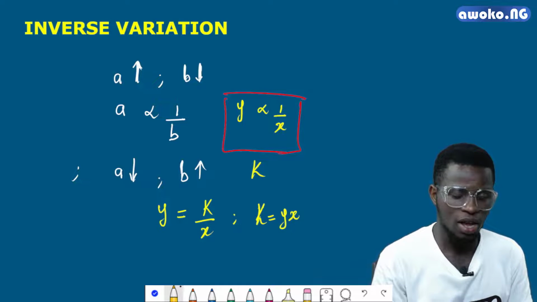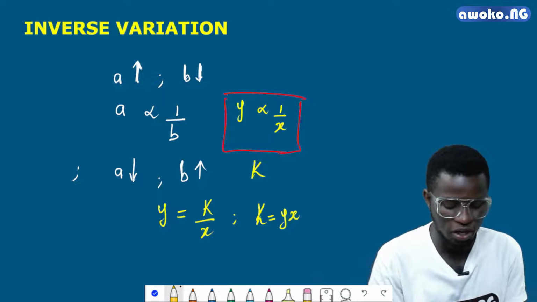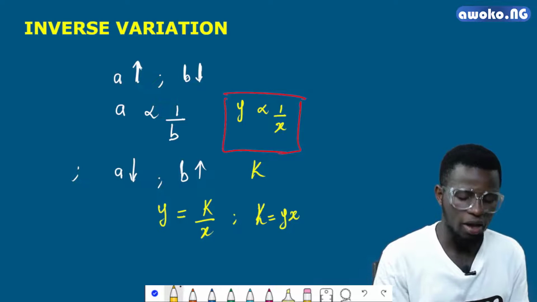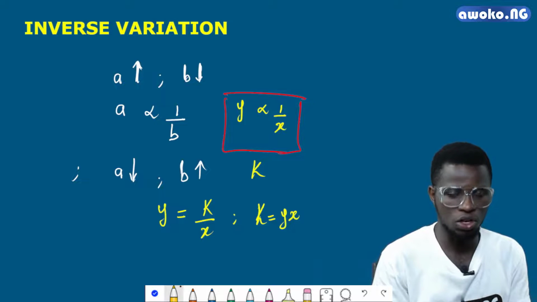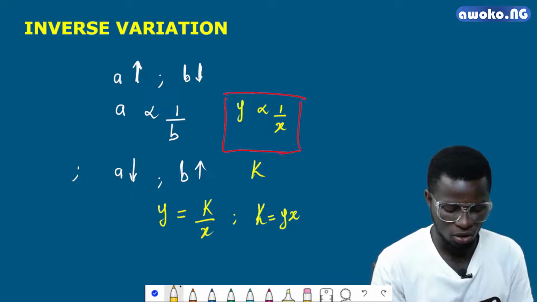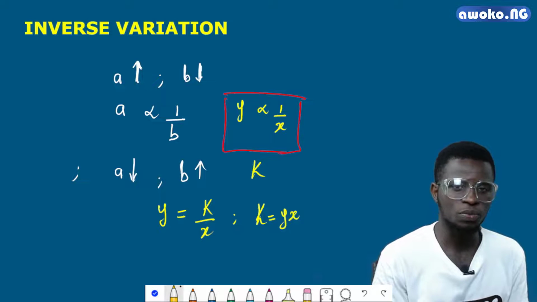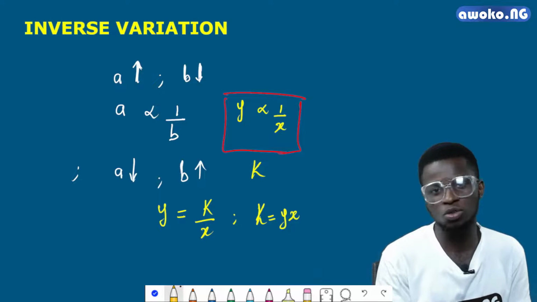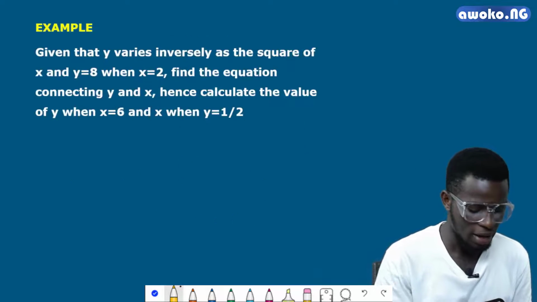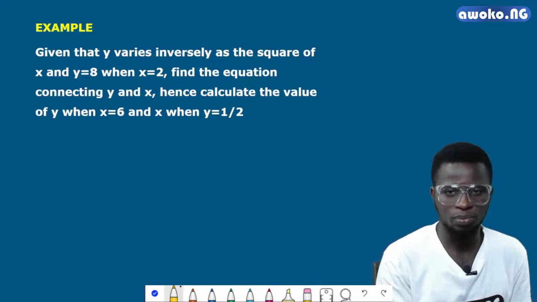Is that okay? And this is derived by substituting the value of K into our initial expression. Now, having said that, we would like to solve some problems so as to know how we can apply these principles.